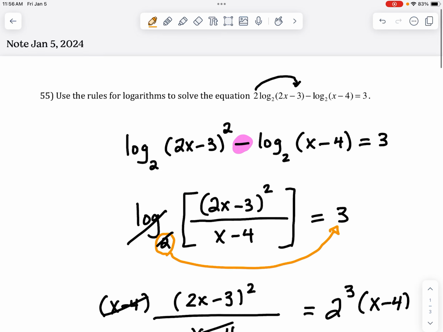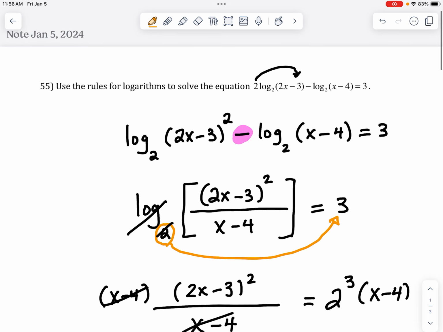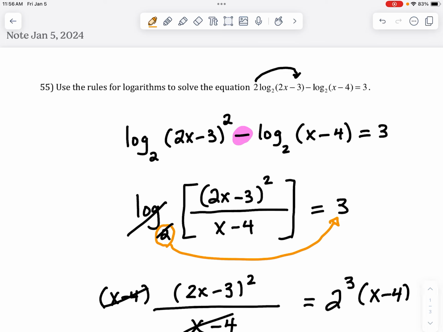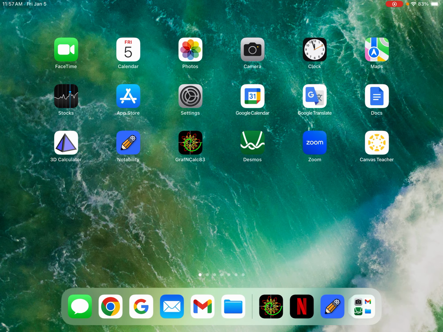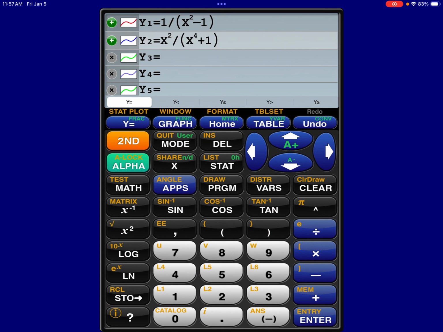So why did I get an imaginary number? Right now I'm just starting to wonder, did I make a mistake or not? Well, there's a way that I can check and go and graph this and see if it has a solution. So I'll just switch over to the graphing calculator and see, does this actually have a solution or not?